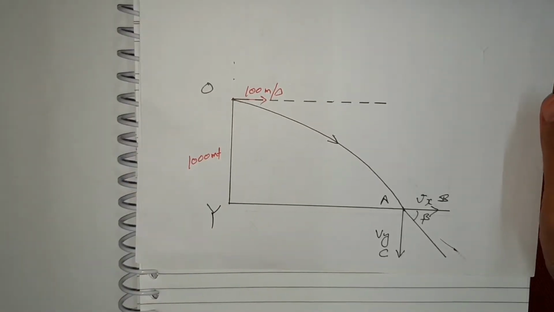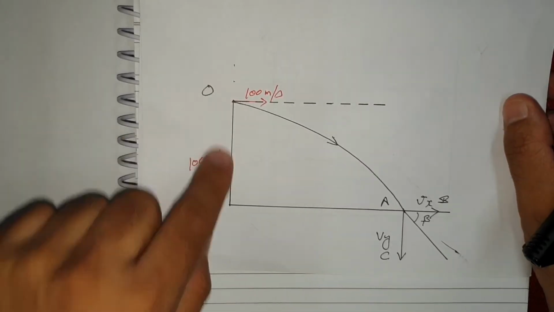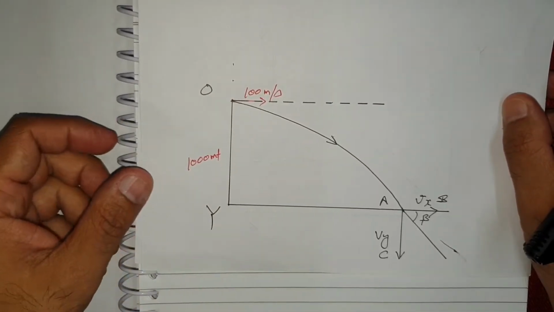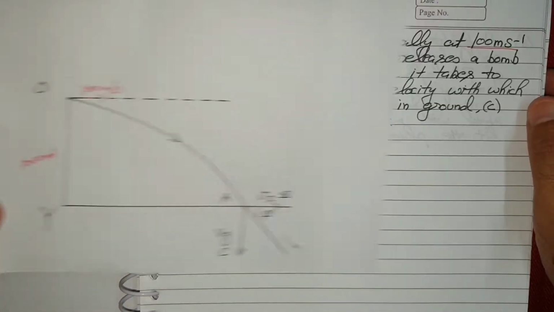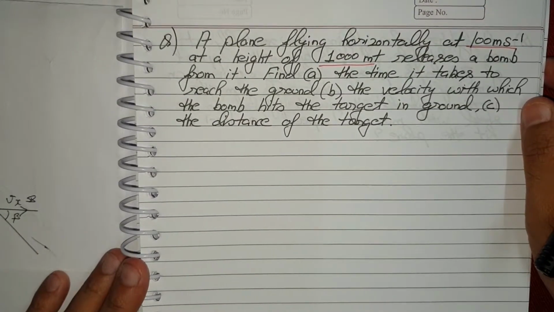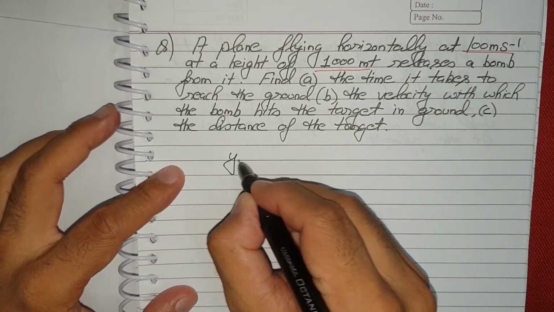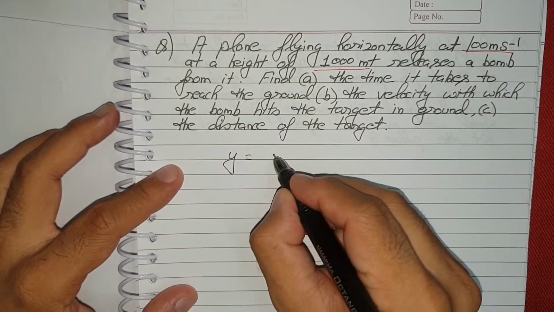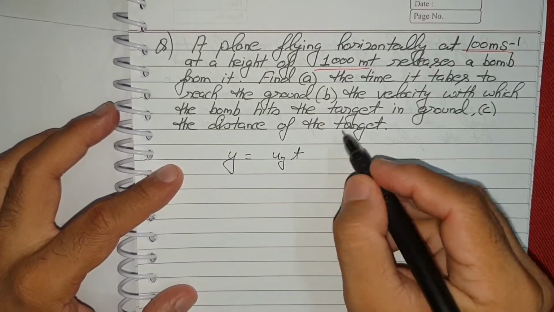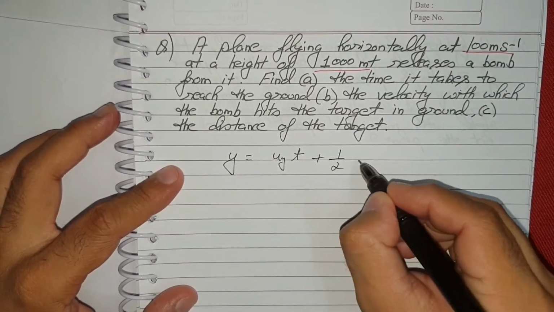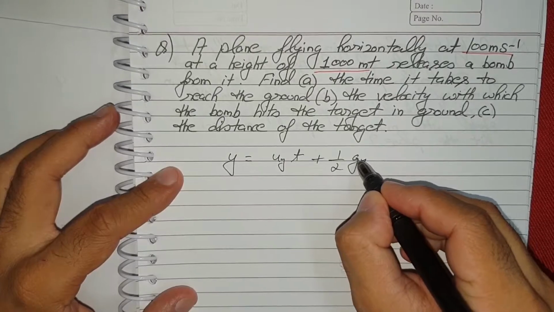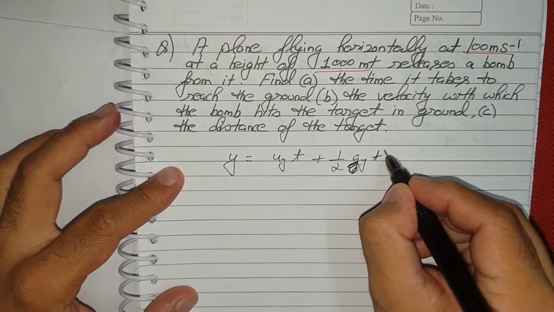So taking the motion of the bomb from O along the vertical drop, again applying the second equation of motion, s is ut plus half at square. So y will be equal to uy t plus half ay t square.